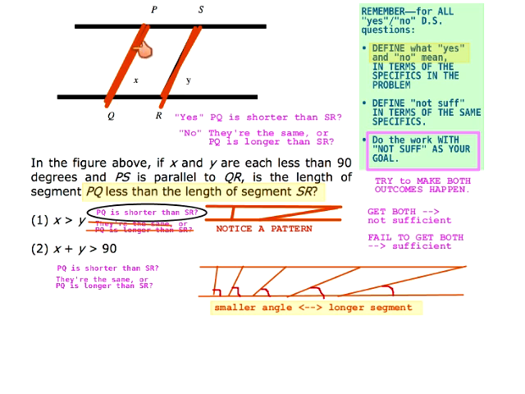Anyway, PQ is the smaller segment. So the deal is noticing a pattern, right? You don't need to know this ahead of time. I don't think anyone is going to know this as any kind of rule, but you can just look at it and see what it does. You just make it happen. So you got this, you failed to get that, you cannot get both, so this is sufficient. Statement 1 is sufficient.